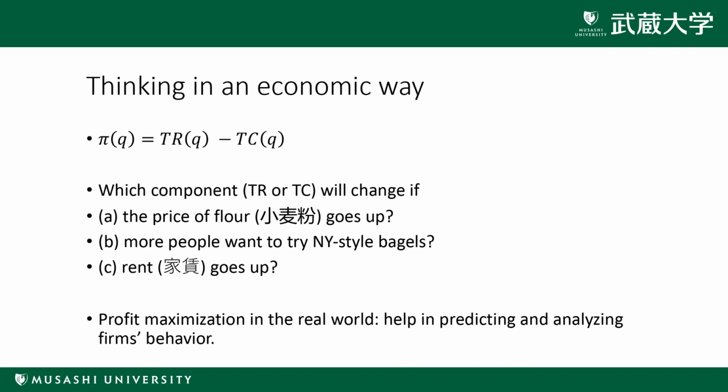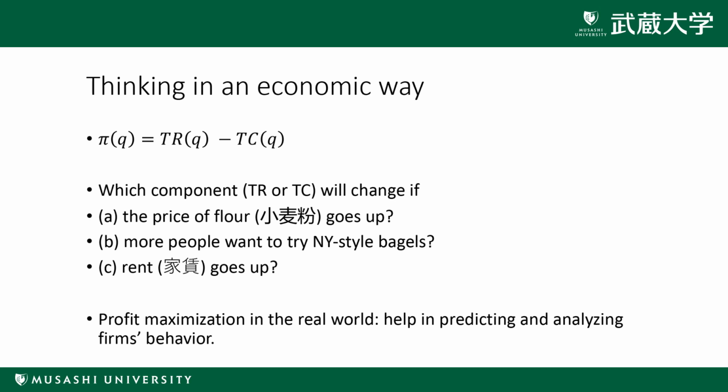Last one: what if you have to open up a shop and the rent price increases? Which factor would change, TR or TC? TC, right. Rent is part of the fixed cost, and that would necessarily increase the total cost as well.